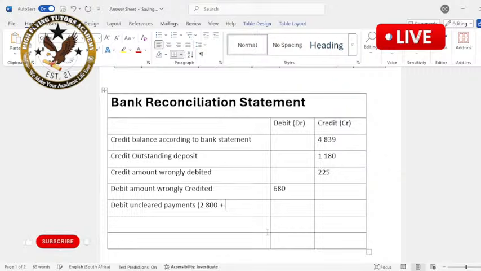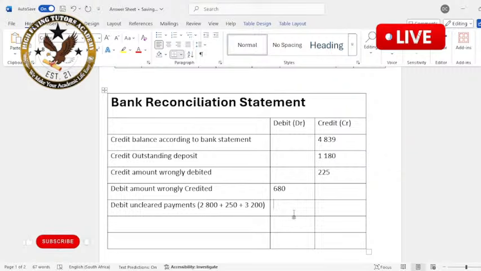Plus the other payment is 250, plus the other payment is 3,200, plus 3,200, and then we close brackets right there, right? And then let's just calculate and indicate the answer on the chat right there.